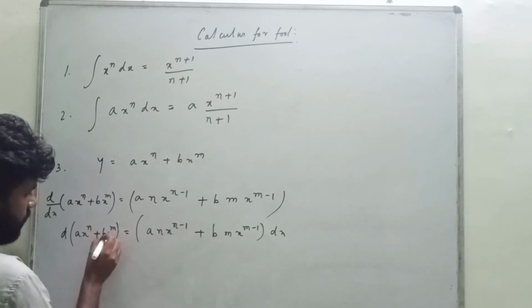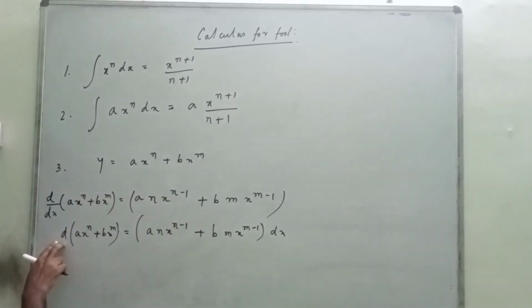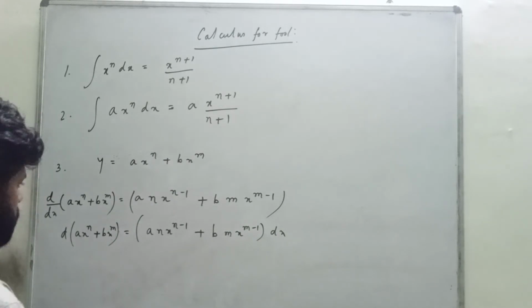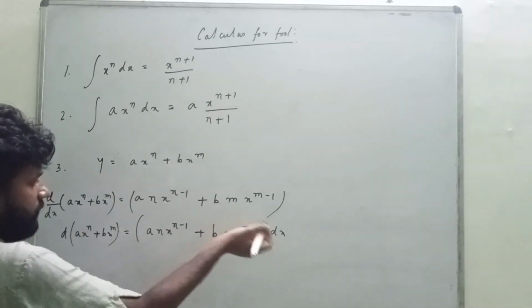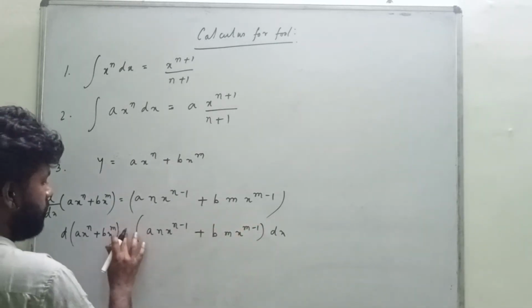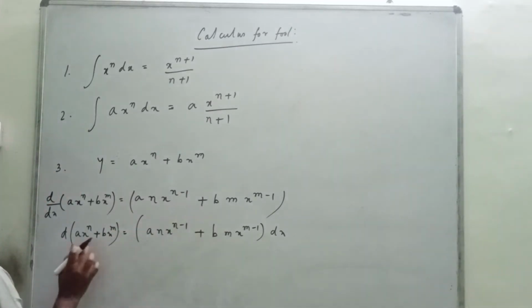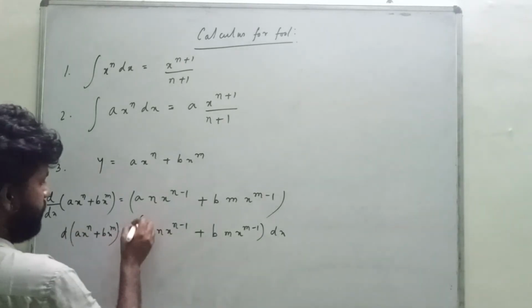So d operates on a x power n plus b x power m and you get this thing. If the reverse operator operates on this thing, we will get a x power n plus b x power m.